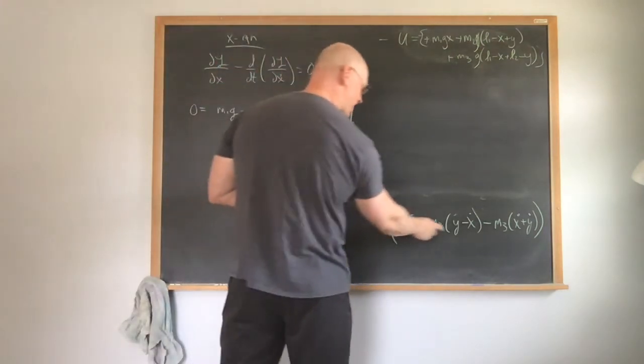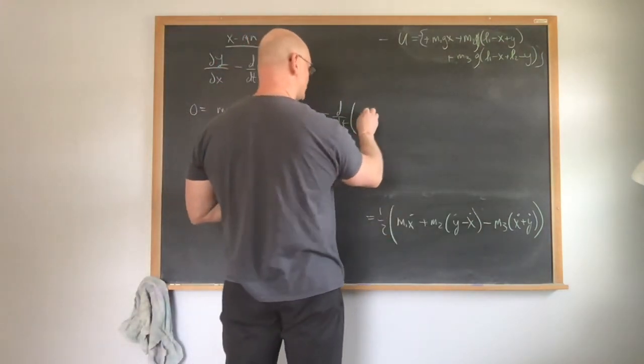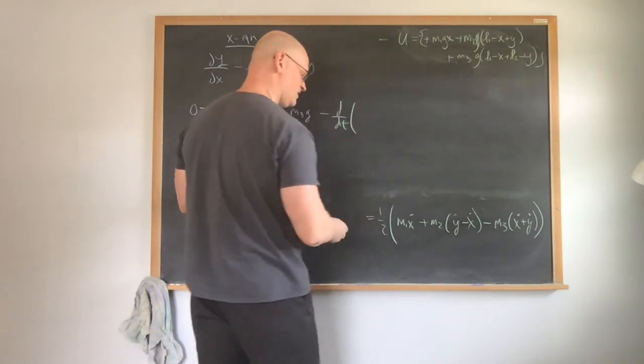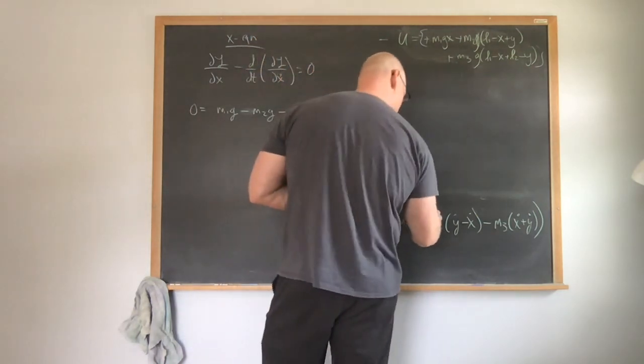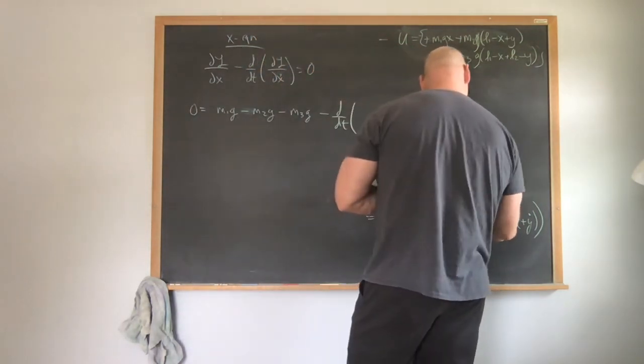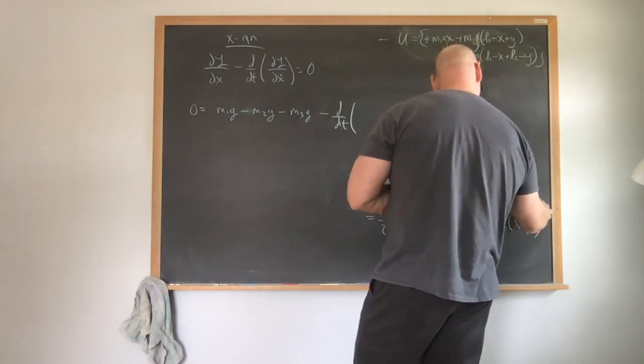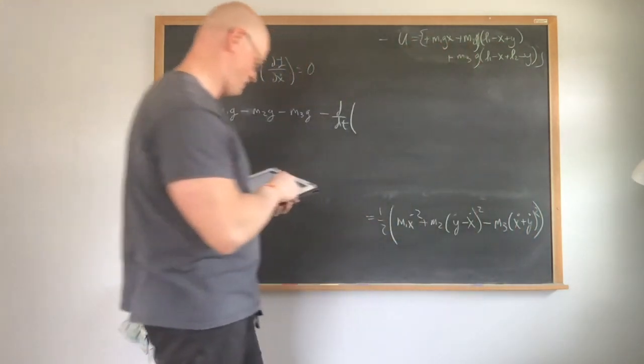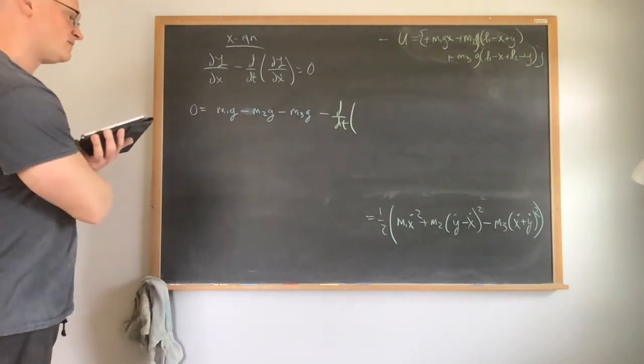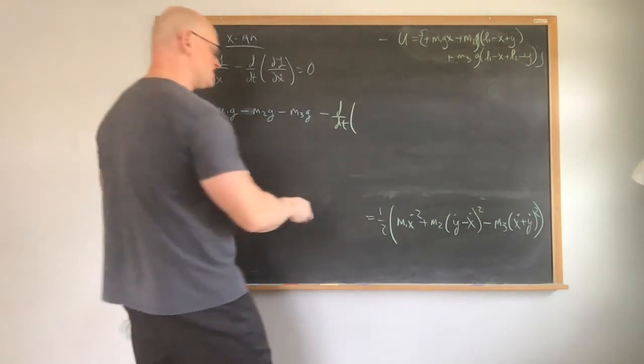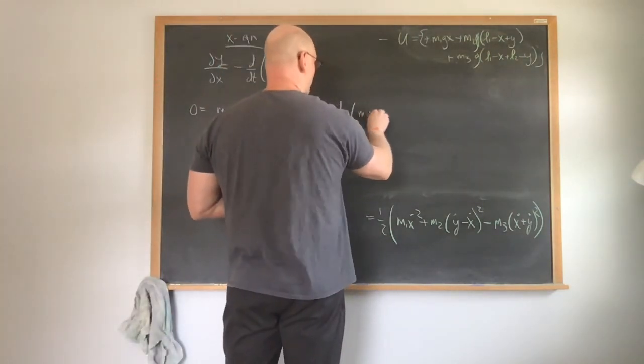Again, there are three x dot terms. Oh, sorry, this all should have been squared. Should have a squared here, a squared here, and a squared here. Okay. So that's going to make life a little bit more complicated. This one is simply going to give me m1 x dot.